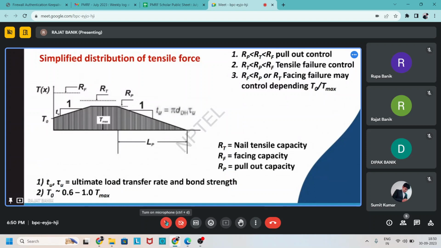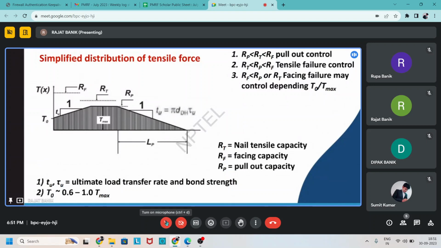At the face of the soil nail, or the face of the wall, there is always some minimum amount of force, T naught, and this force is nothing but the connection between the soil nail and the face.